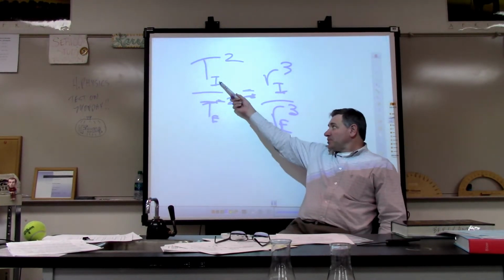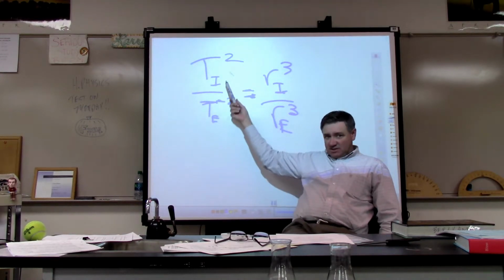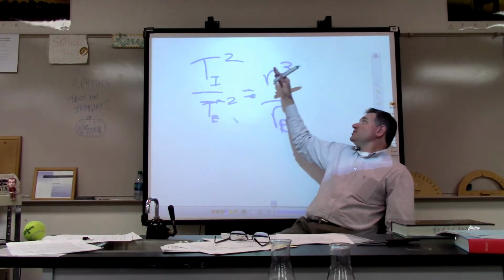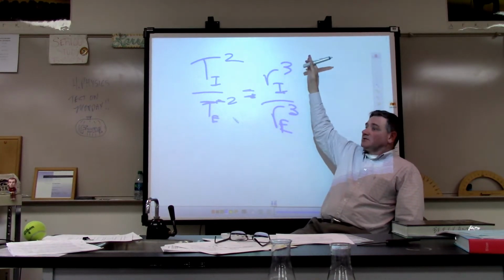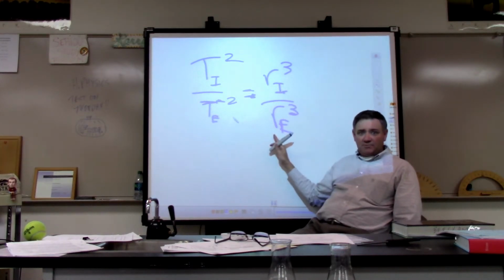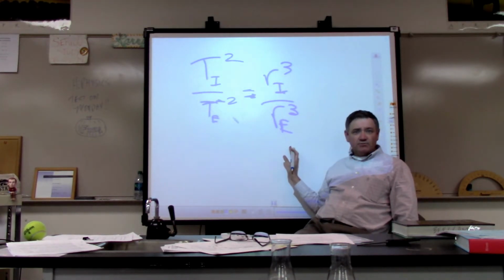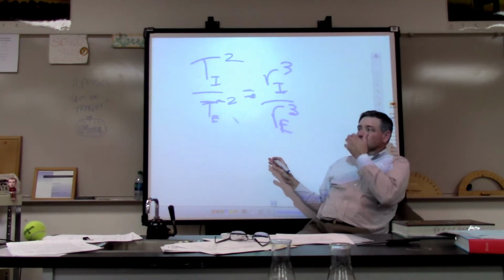You could actually plug in these values, square them, divide them, and get a number. Then you could plug in these radii, cube them, get a number. If they obey Kepler's third law, these 2 numbers are going to be the same.